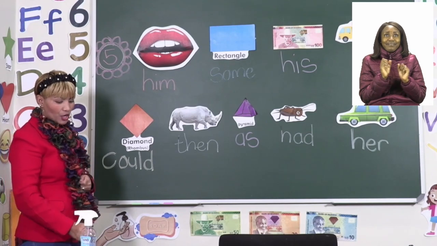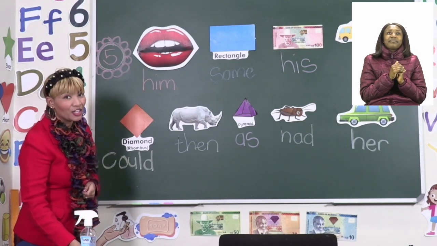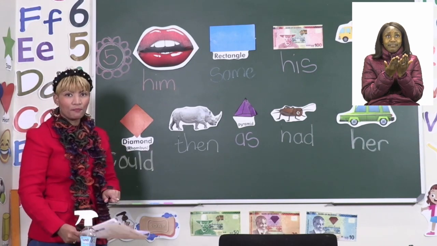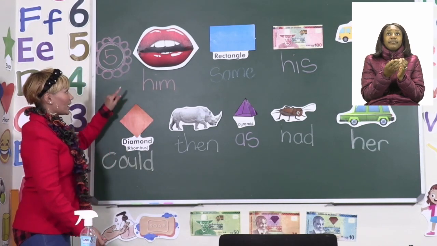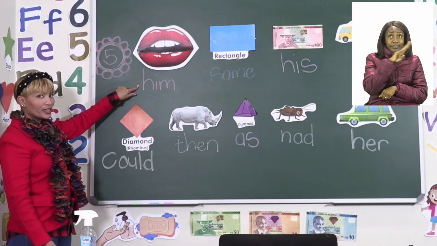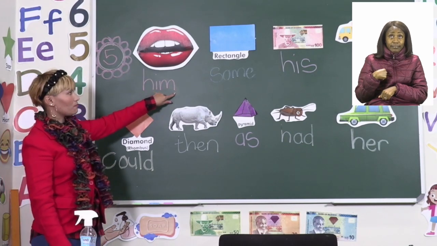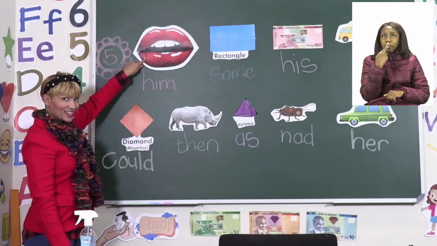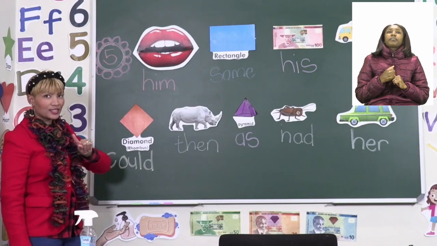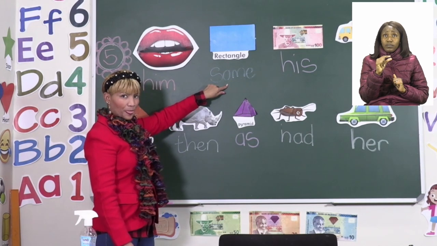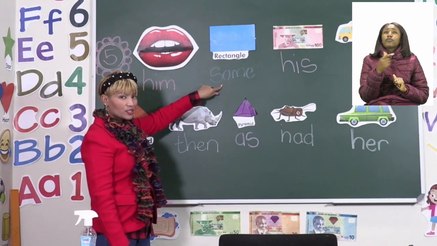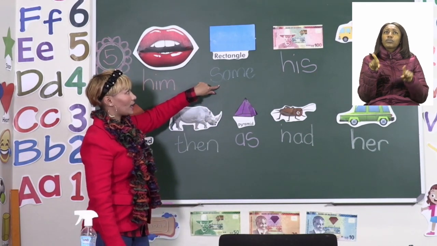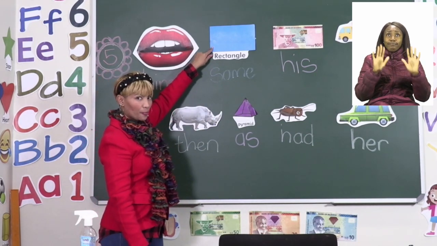Okay, so you will see in your booklet, it says the word him, so all the little blocks with the word him, you have to color red. Okay, all the words same, so all the little blocks with the word same, you have to color blue.